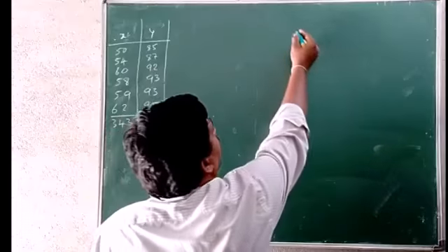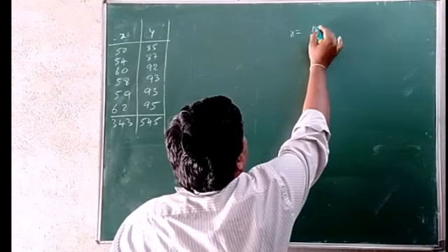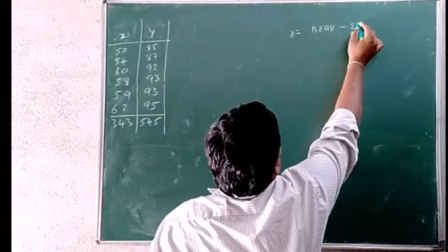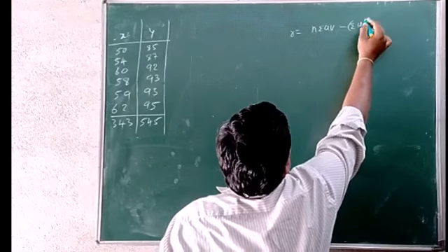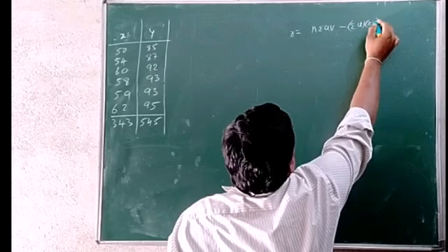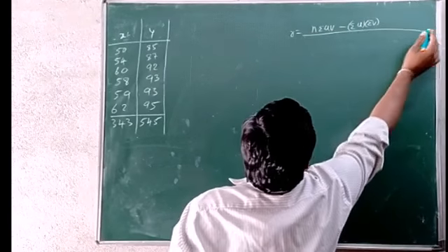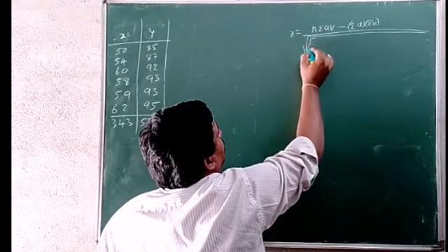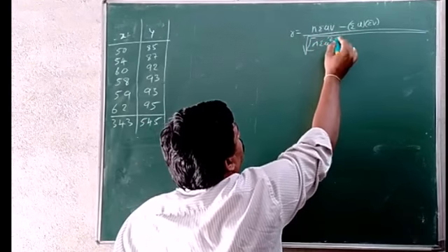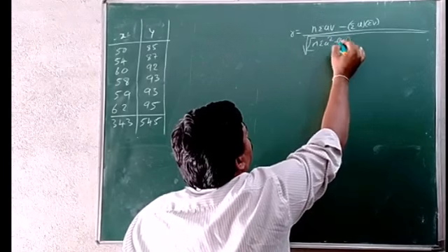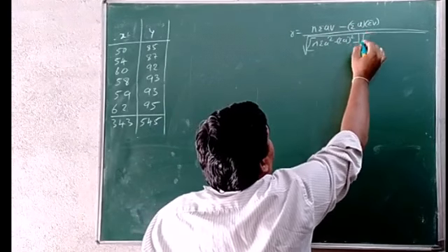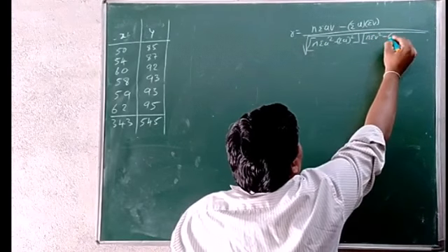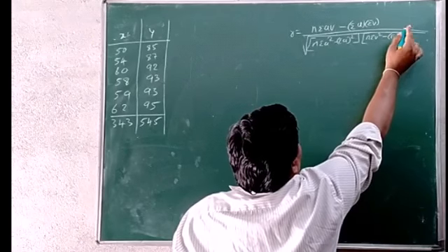So r is equal to n summation u v minus summation u into bracket summation v whole divided by root of n summation u square minus summation u whole square into bracket n summation v square minus summation v whole square.